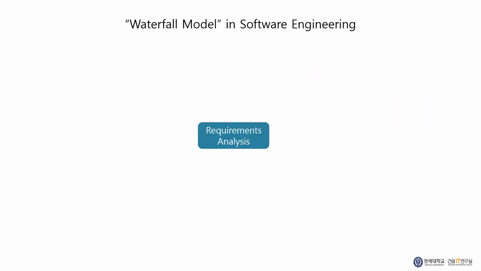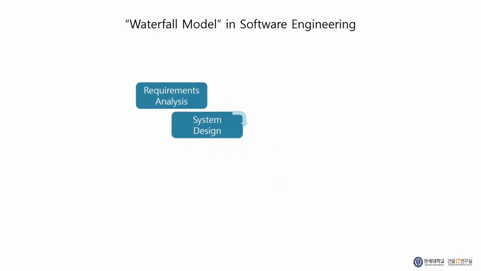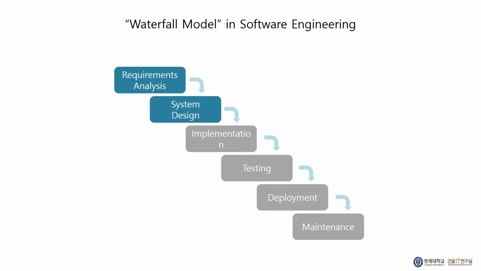However, this is not a new concept, but a very typical software engineering process. Any software engineering process, including data modeling, starts from requirements collection and analysis. The second step is system design or data modeling, then implementation, testing, deployment, and maintenance. This model is referred to as the Waterfall model.